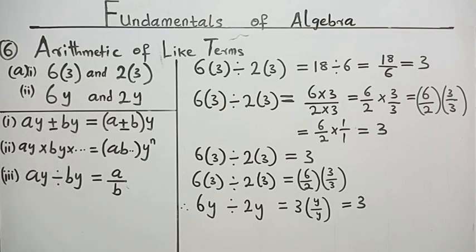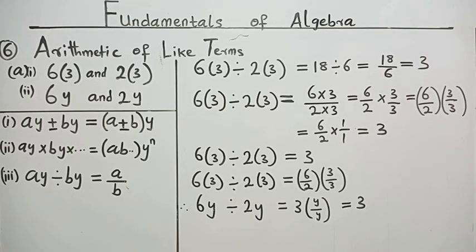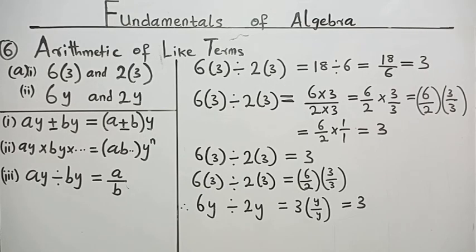Therefore, I'm going to modify this law to accommodate other kinds of like terms which possess variables in other powers apart from 1. Now, let n, small n, be any power of this y, provided that that power is here and is here.